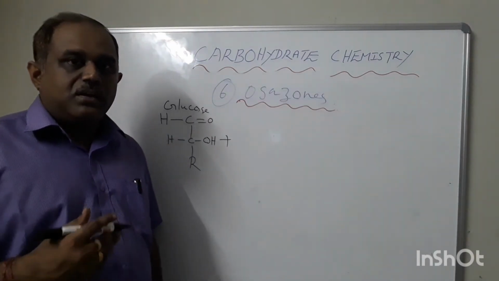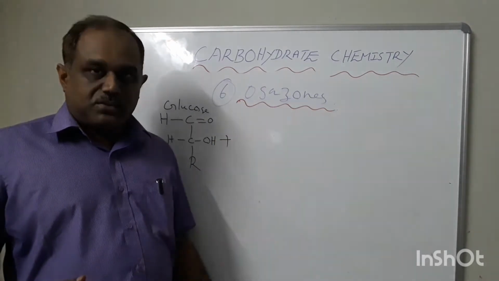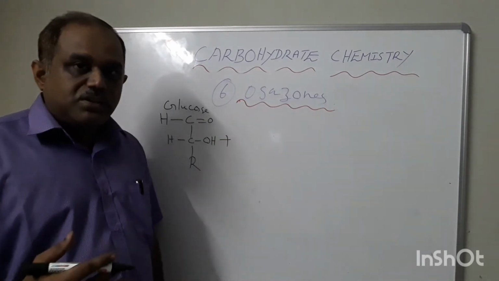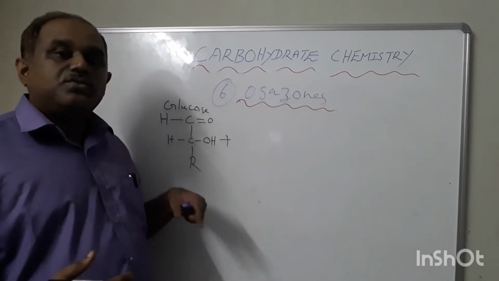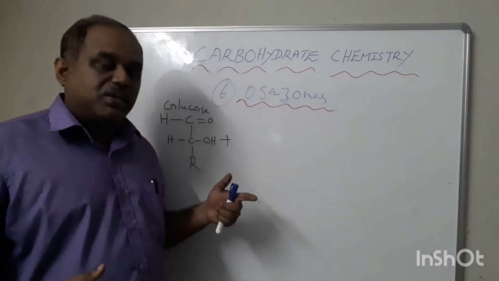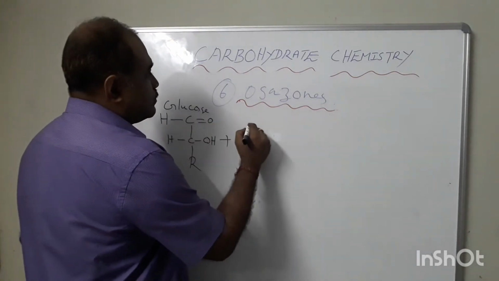Coming to the next chemical property, that is formation of osazones. All reducing sugars react with phenylhydrazine to form corresponding osazones. So I will show you. For example, glucose.